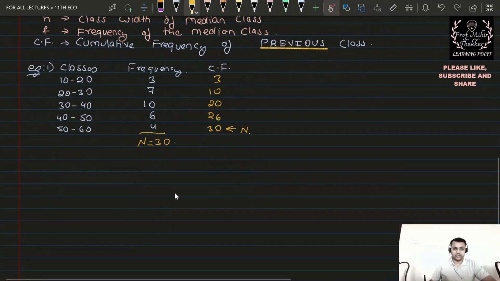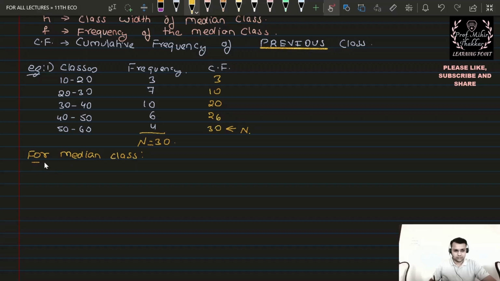After getting the total frequency, next thing that we do is for median class. N upon 2th observation, which is equal to the 30 upon 2th observation, which is nothing but the 15th observation.